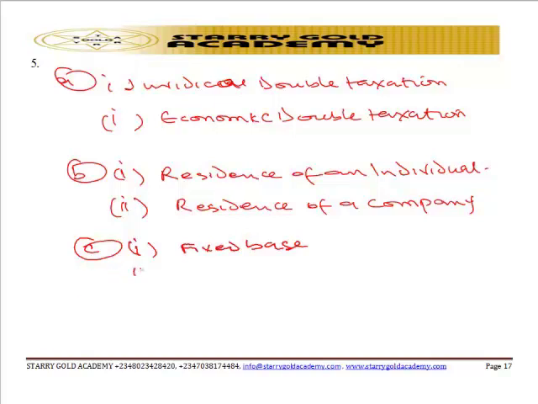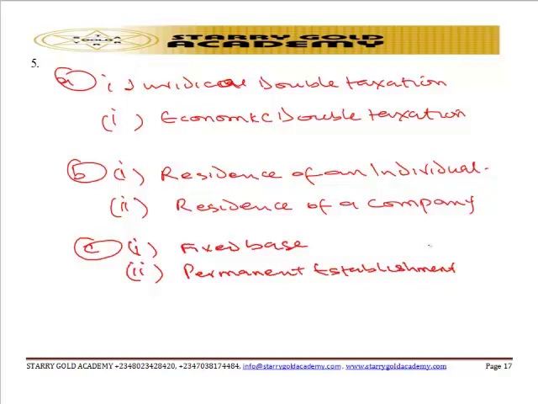Now the other part, permanent establishment, PE. So what's the difference here? Permanent establishment refers to a fixed base of business through which the business of an enterprise is wholly or partly carried on.